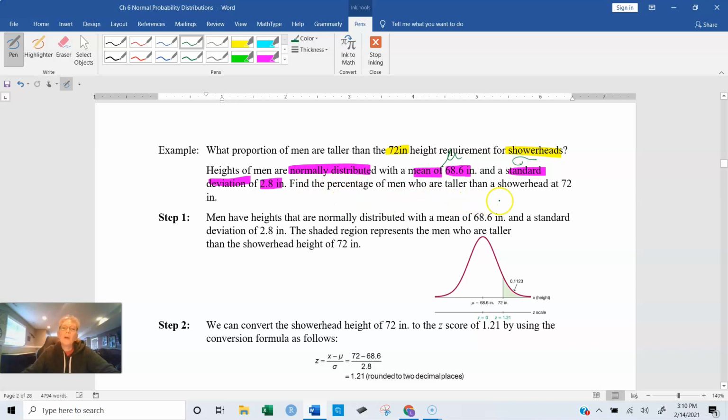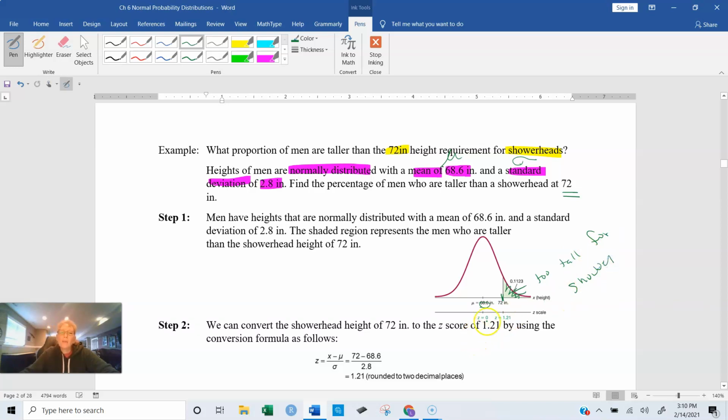Find the percentage of men who are taller than 72 inches. 68.6 is my average. 72 is how tall they are. I want to know how many men are too tall for the shower head.